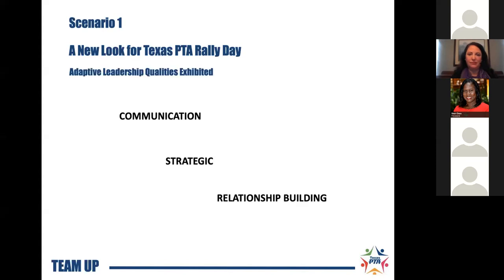In revamping the Rally Day, using those adaptive leadership qualities, we really focused on three of the adaptive leadership qualities, and one was communication. So again, we micro-focused our message and our training on how our PTA leaders were feeling about advocacy, because you got to feel good about it if you're going to walk in and be confident in advocating.